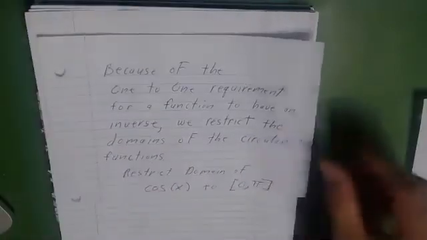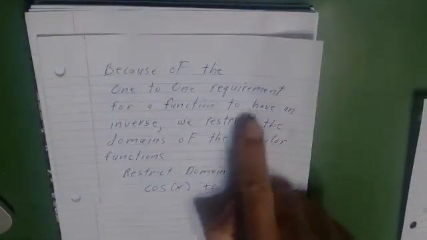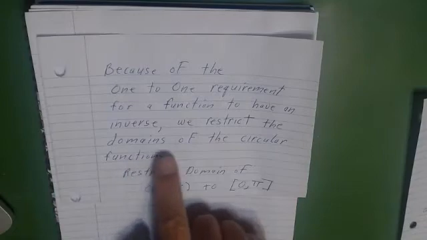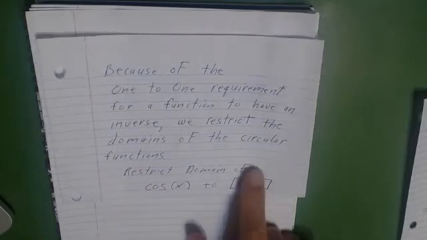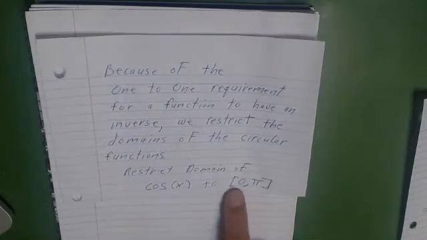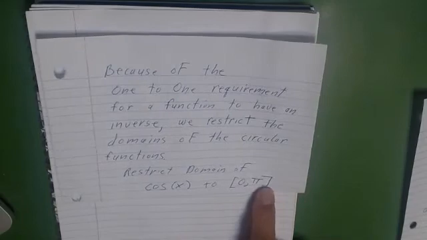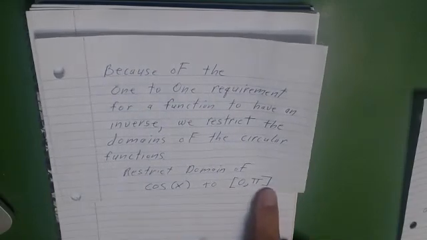Okay, so because of the requirement for a function to have an inverse, we restrict the domains of all the circular functions. We do this for all 6 functions, right? For the cosine function, this is the domain it has to be restricted to, to get all the y values that a cosine can take on, which is from -1 to +1.